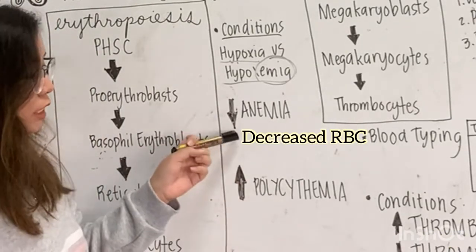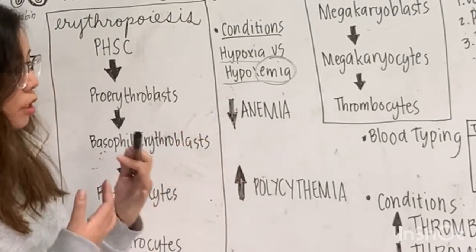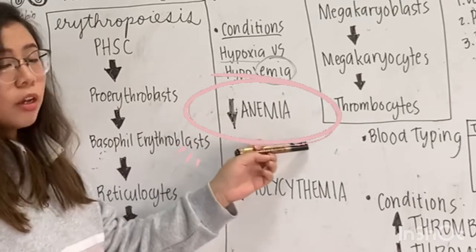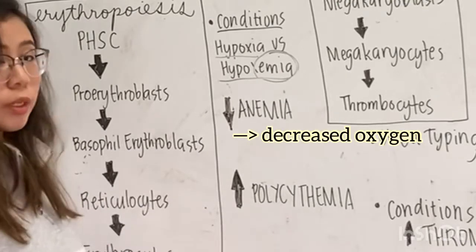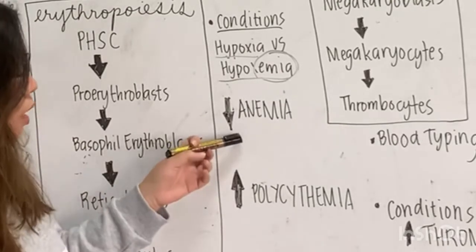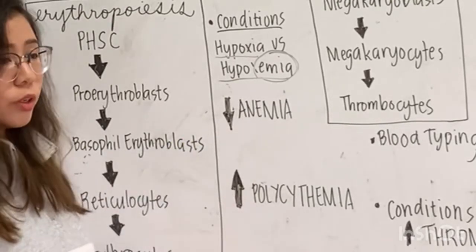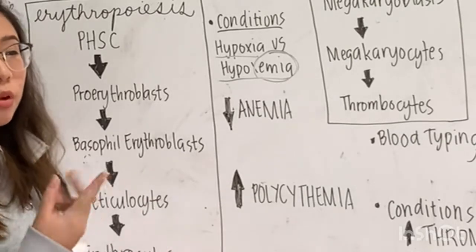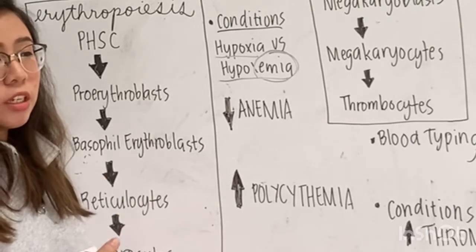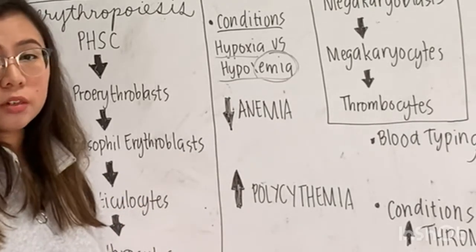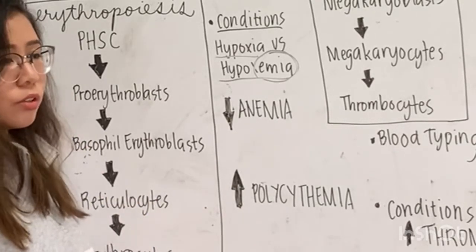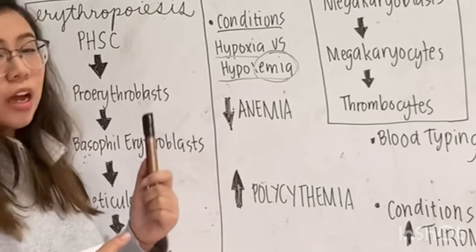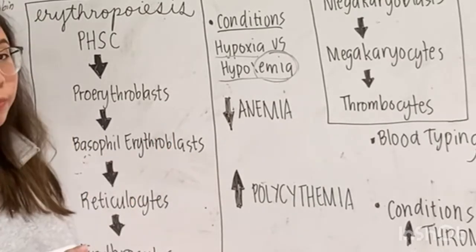If there's decreased RBC, then the medical term for that is anemia. If RBCs decrease, then oxygen also decreases. Examples of anemia are iron deficiency anemia, common in females, especially due to menstruation. Other examples are thalassemia, sickle cell anemia, and many more.